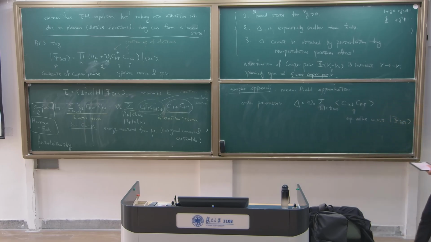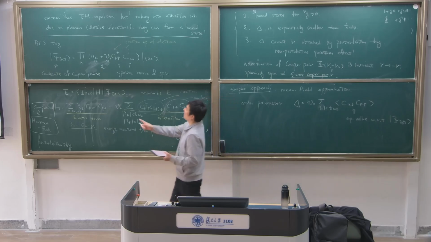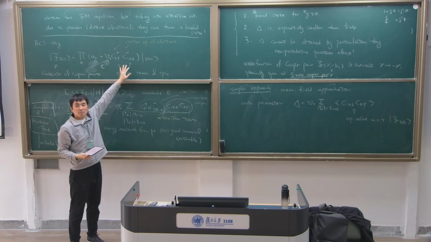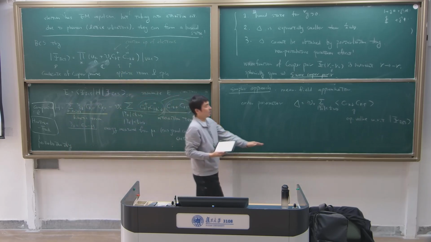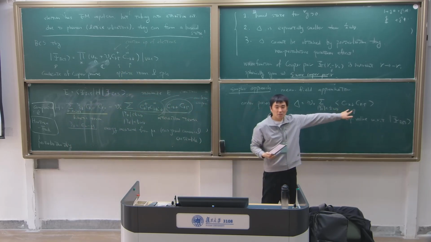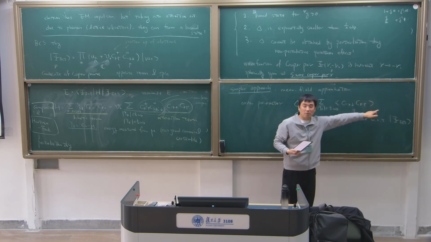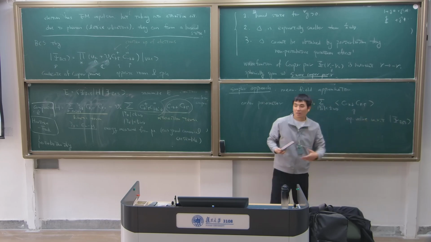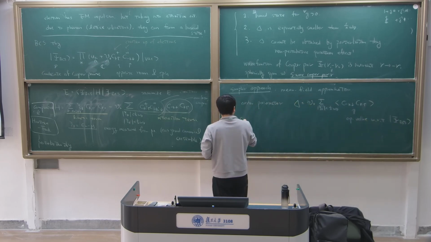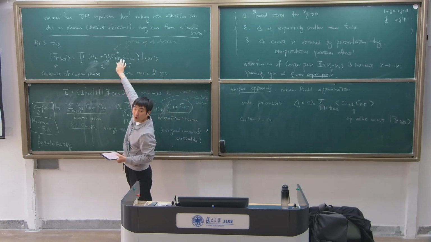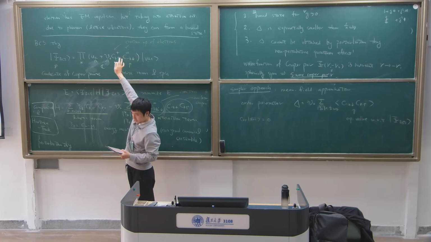Here the state has a condensed Cooper pair like this. Then you can consider this expectation value to be non-zero. If it is just vacuum, it's just the annihilation operator acting on vacuum. But now we apply lots of creation operators here.